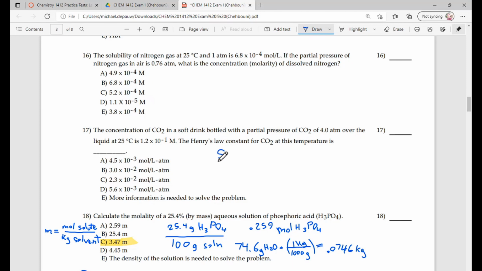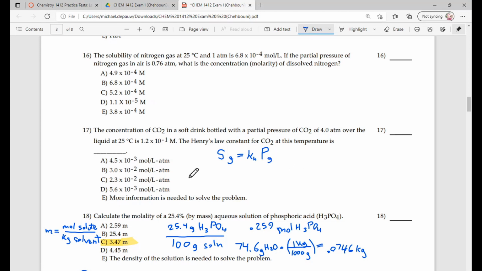Henry's law basically states that the solubility of a gas is equal to some Henry's law constant, K_H, times the partial pressure of the gas above it.